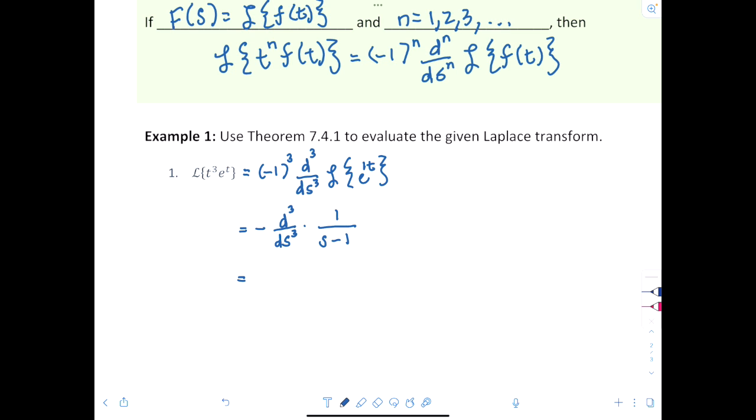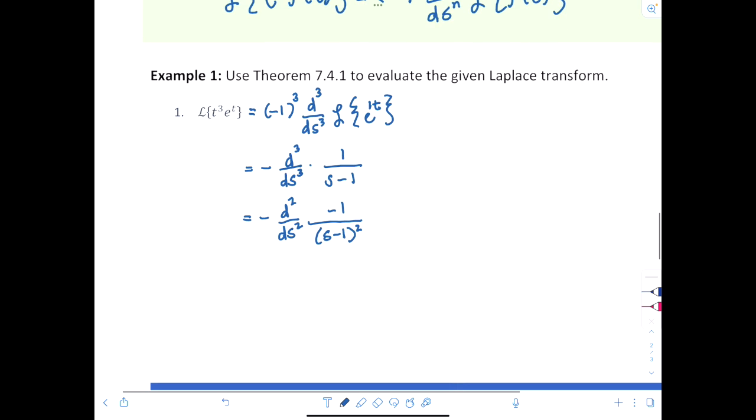So this is going to be equal to negative second derivative with respect to s of negative 1 over s minus 1 squared. Using the power rule, the negatives will become positive because there's 2 of them.